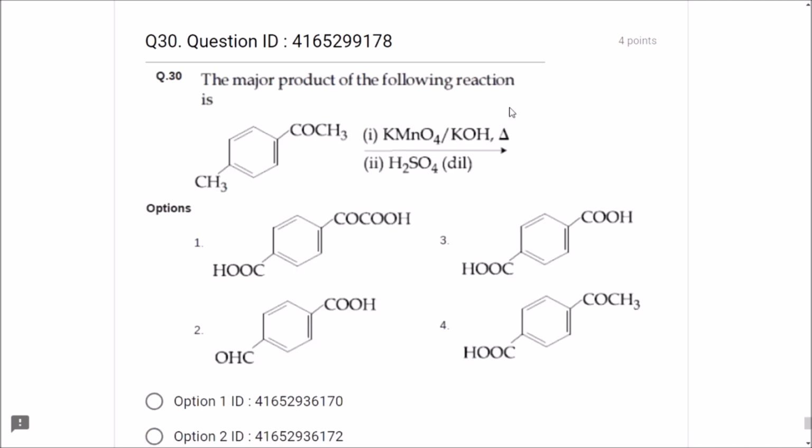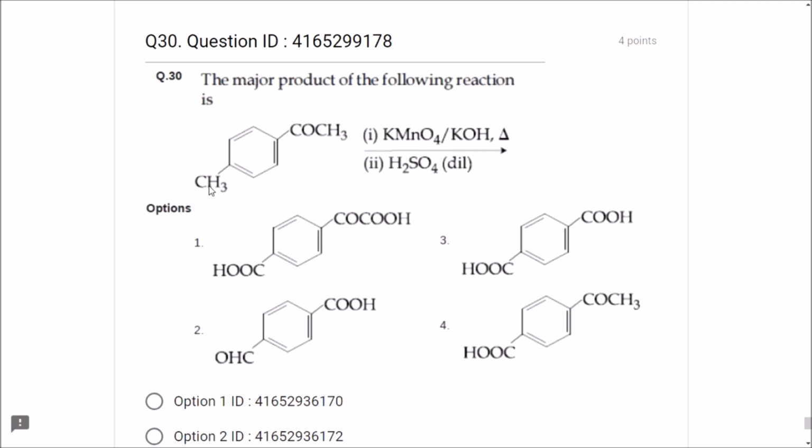Next, the major product of the following reaction. What is the reaction? Para-methyl acetophenone upon reaction with KMnO4 in presence of KOH. KMnO4 will oxidize all groups.